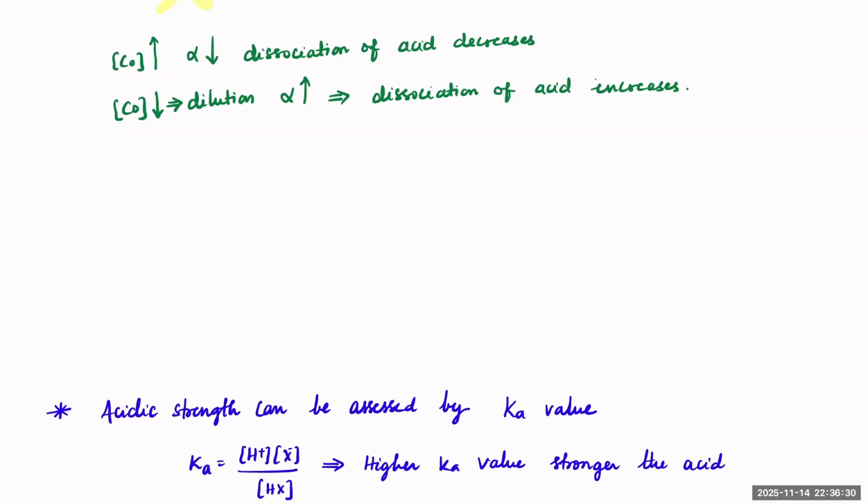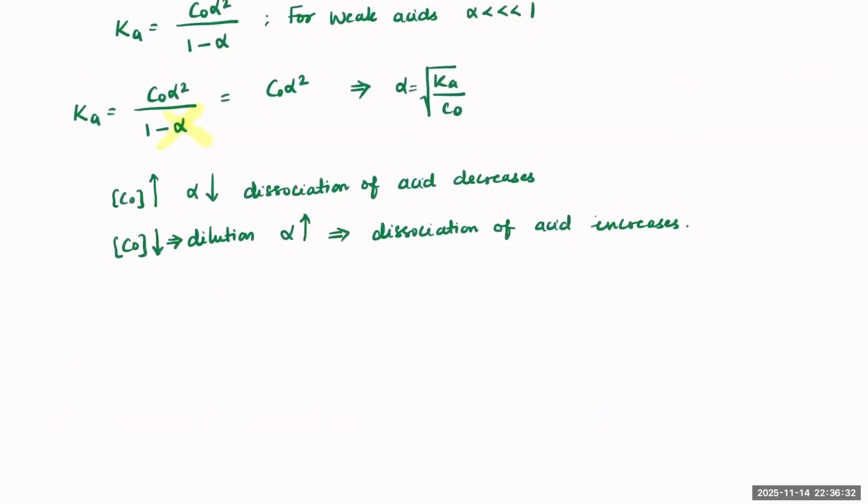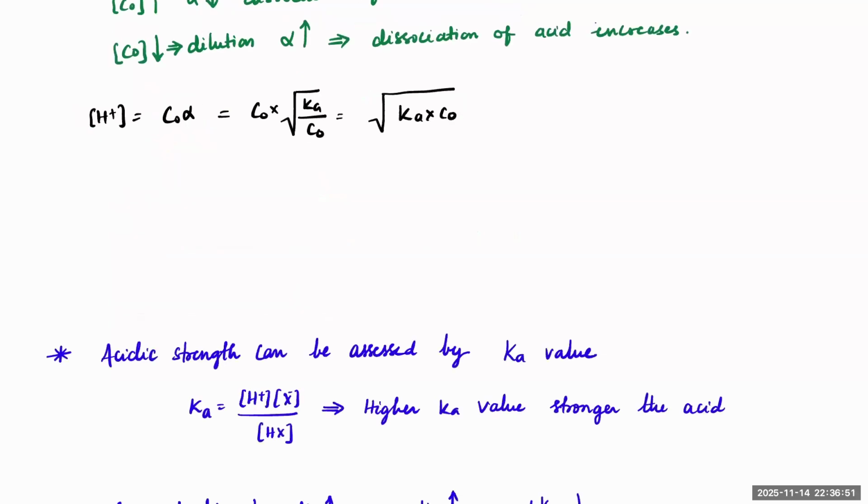Now, what about the H plus concentration? I can write H plus concentration equal to C naught alpha. We just calculated alpha as the square root of Ka by C naught, so taking C naught inside, it becomes the square root of Ka multiplied by C naught. Now take minus log on both sides. Minus log of H plus is equal to minus log of (Ka C naught) raised to the power of half.